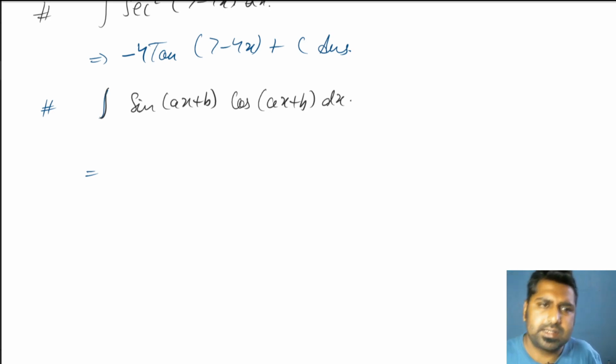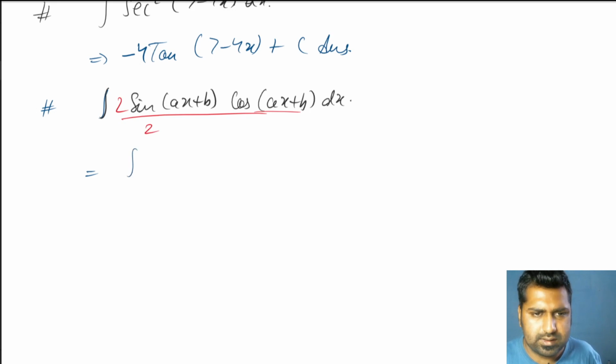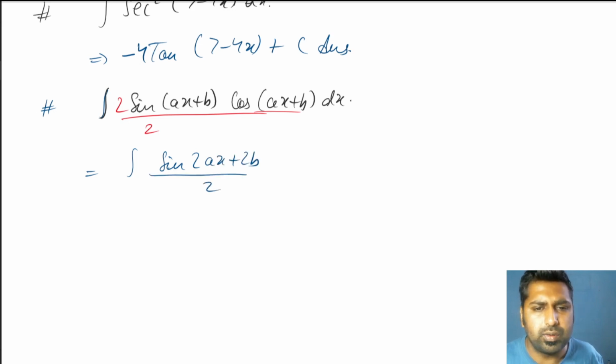Let's understand this. If I multiply this by 2 and divide also by 2, 2 sine a cos a is sine 2 times (ax plus b), double of the angle, and upon 2. Now this 1 by 2 is constant, so leave it. So what is the integration of this?